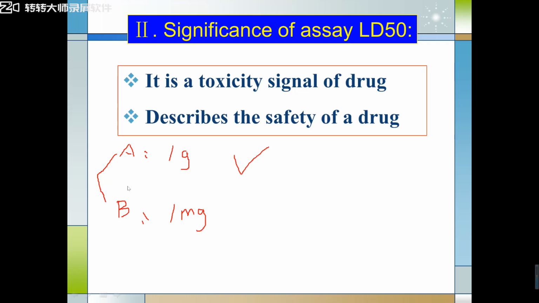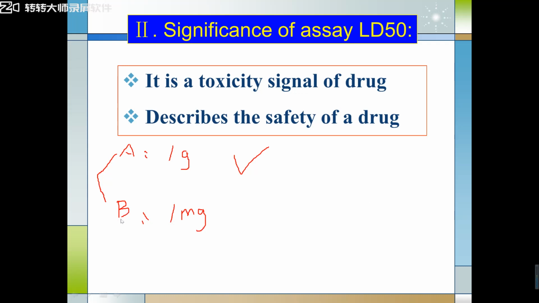For example, let's explain. With A drug, we use 1 gram and 50% of the animals die. With B drug, we use only 1 milligram, and it also leads to 50% of the animals dying.